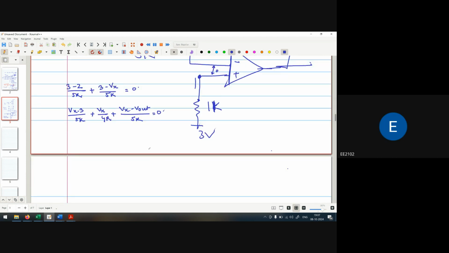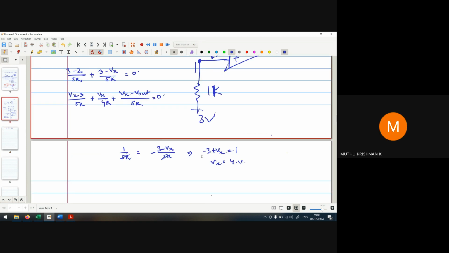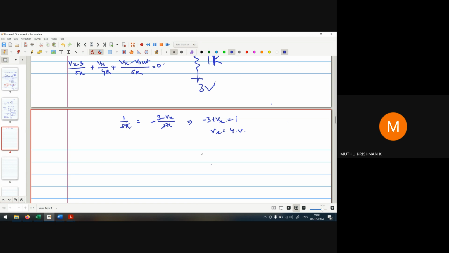Okay, so I am getting the value of Vx from here. 1 upon 5k is equal to 3 minus Vx upon 5k with minus sign. 5k cancels out. So minus 3 plus Vx is equal to 1. That means Vx is equal to 4. If I put the value of Vx in the second equation, and V out is 7 as per the question.